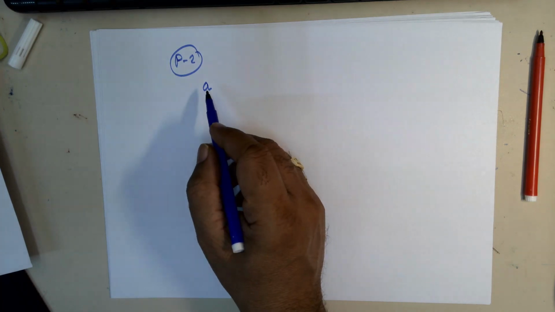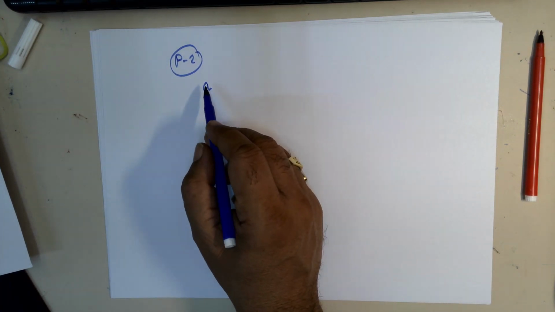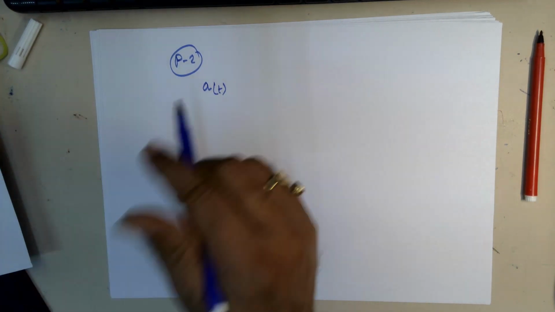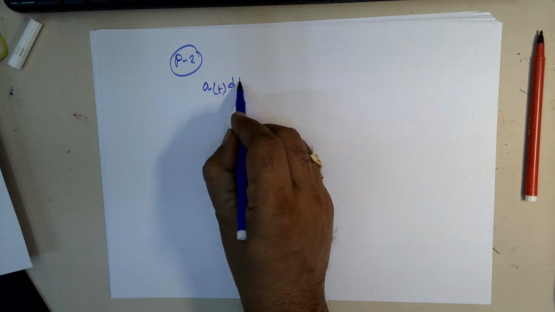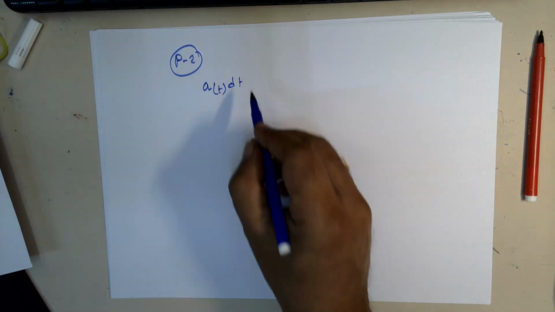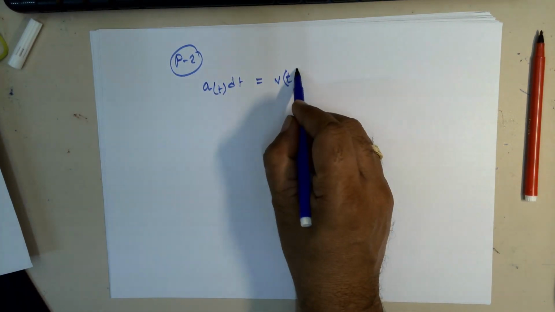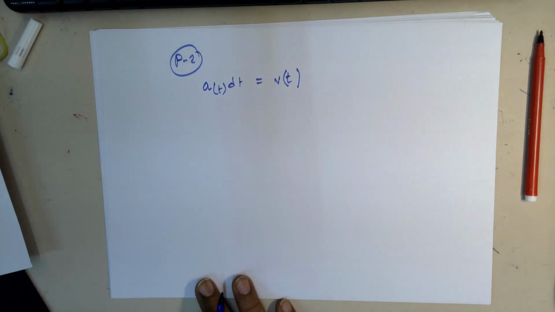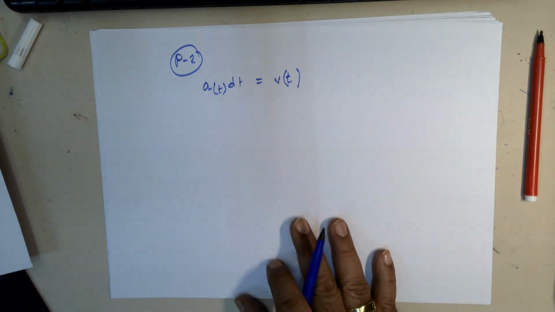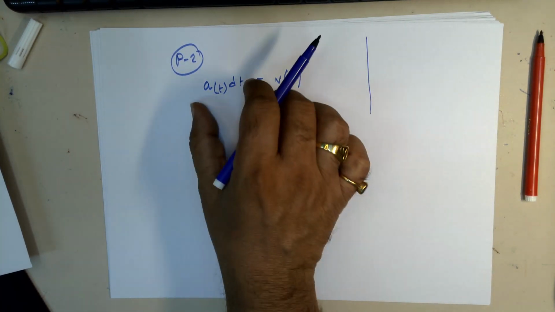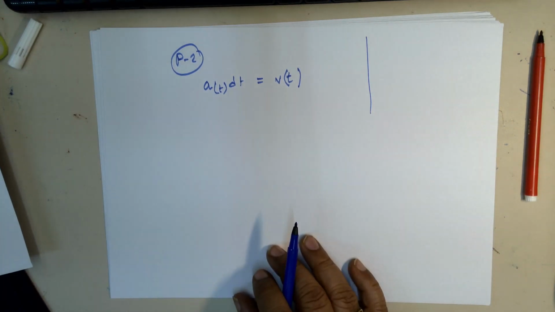So in that case, we can take acceleration at the t at certain time into dt, is given as v of t. Because u is equal to 0, we have taken v is equal to u plus at. So instead I have put like this.